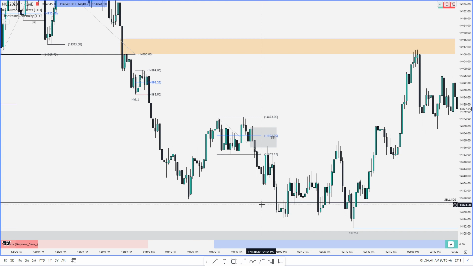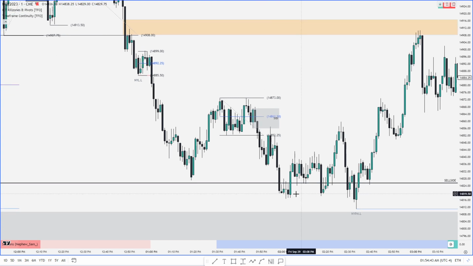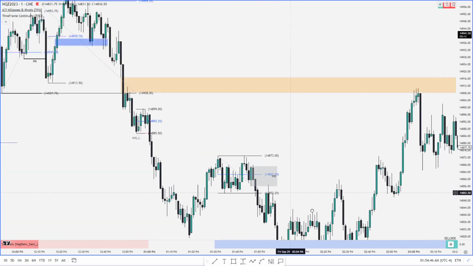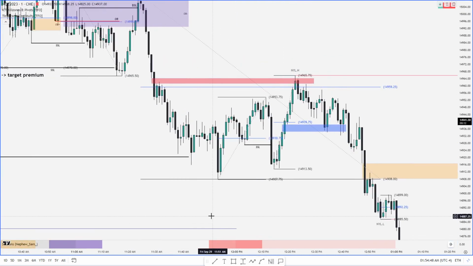So there could be a macro between 150 and 210. It's also liquidity ran right there. See if all the elements of price are in here. So I'll say liquidity purge. Retracement into fair value gap. Run it to buy side liquidity.